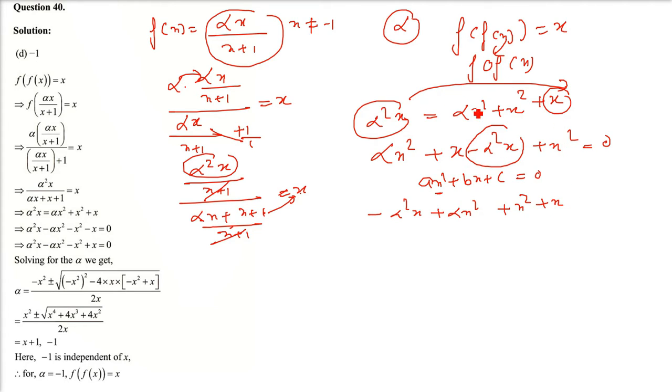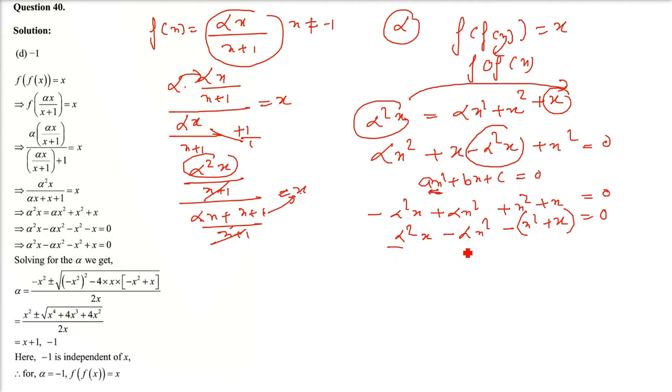Now as I said, the coefficient of x square cannot be negative, so you have to multiply both sides by a -1. So you get alpha square x minus alpha x square, negative x square, negative x. You can also take this negative common, and you can write it also as x square plus x. This is up to you how you deal with this.